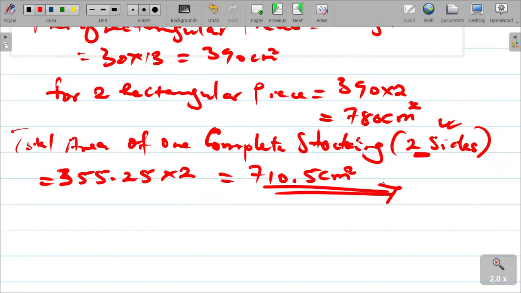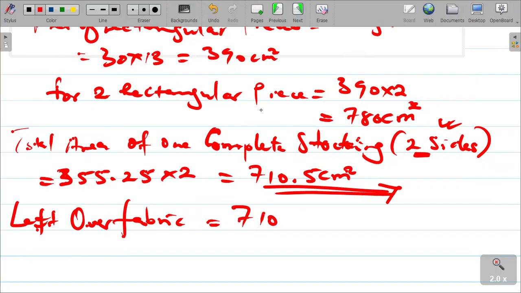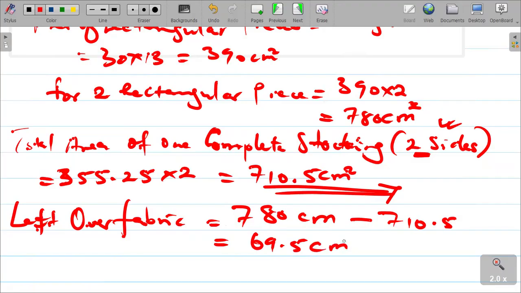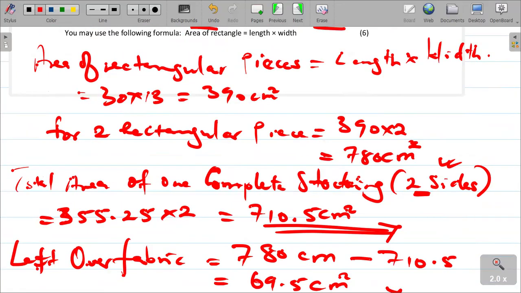And then the leftover fabric is equals to our 780 minus 710.5, which is going to give us 69.5 square centimeters.